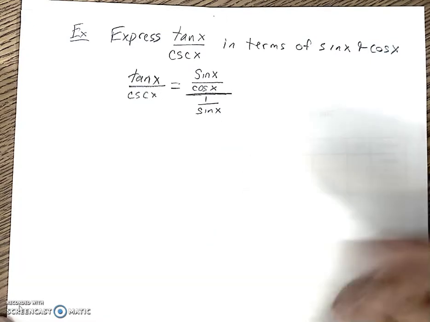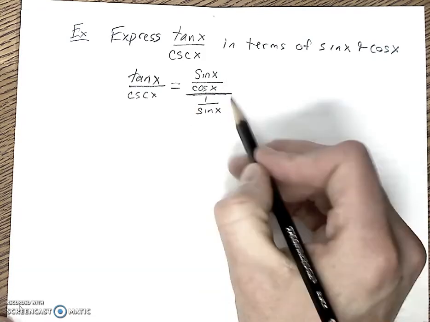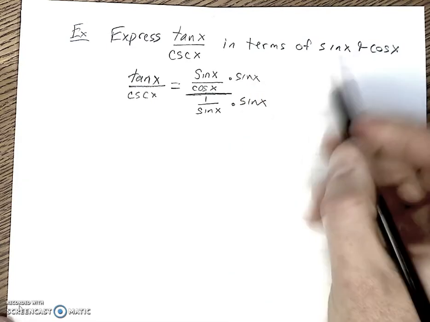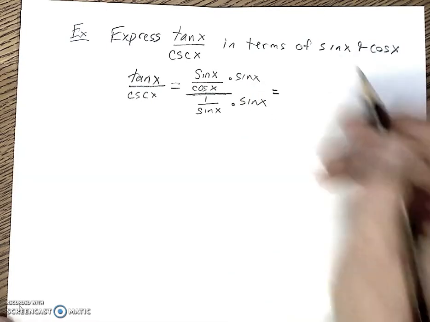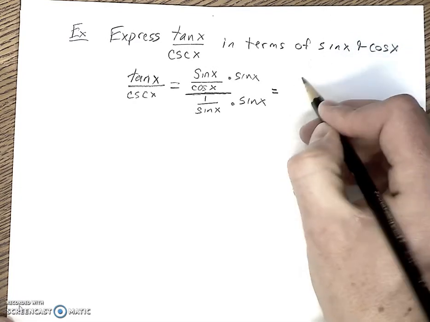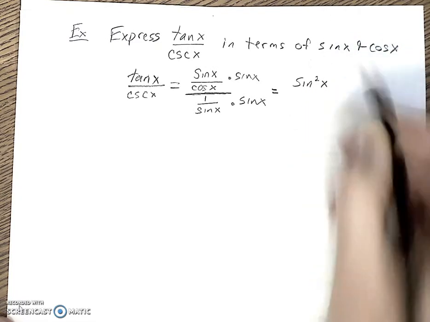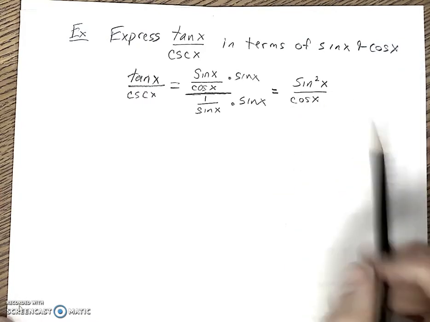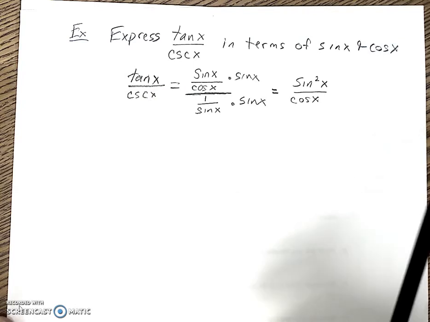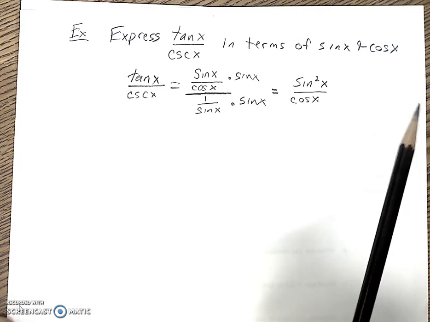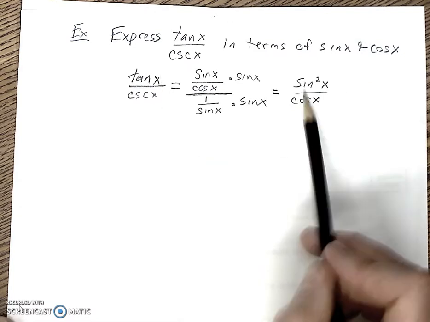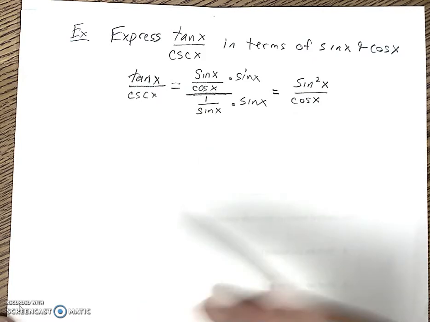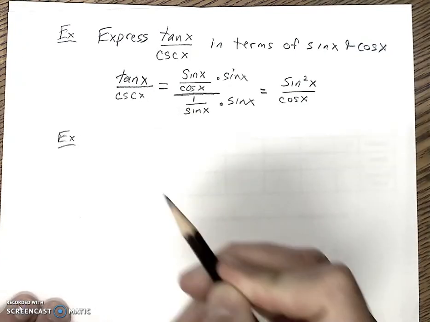Now, if I was just going to simplify this, you might multiply by sine x and by sine x, and then you could say that this is equal to sine squared x divided by cosine of x, and that would get us right back to where we're at here. That's the type of thing that we're going to be doing, just using identities to rewrite expressions.